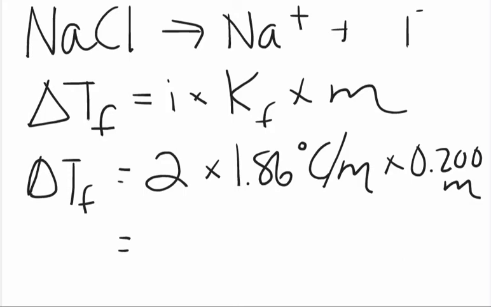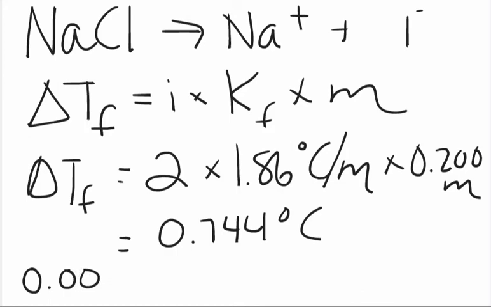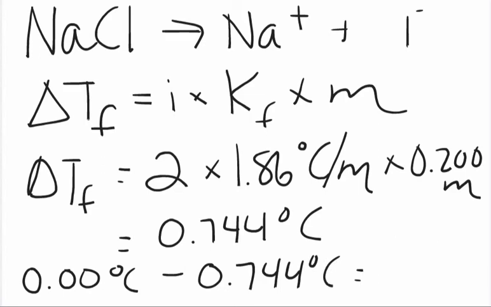Then the freezing point would be depressed by 0.744 degrees Celsius. So if the freezing point of water is normally 0.00 degrees Celsius, and we depress it by 0.744 degrees Celsius, then the new freezing point for water is negative 0.744 degrees Celsius.